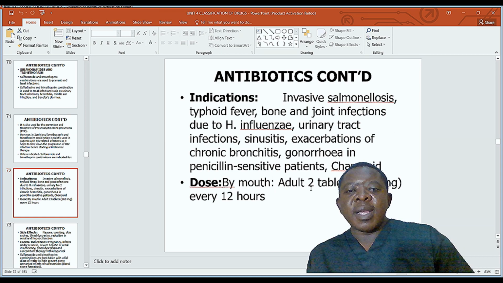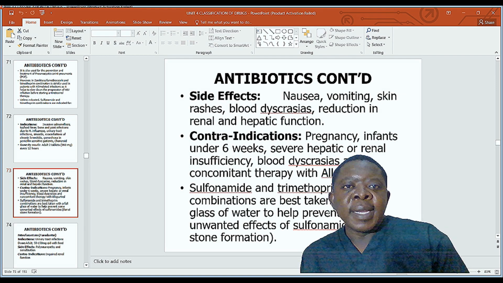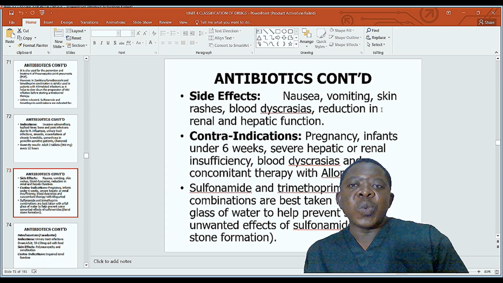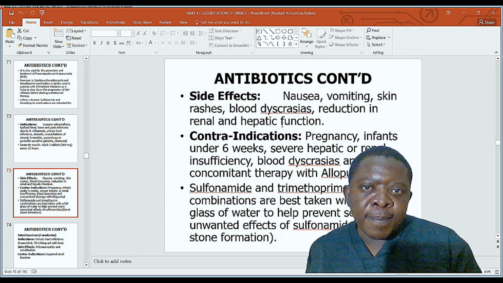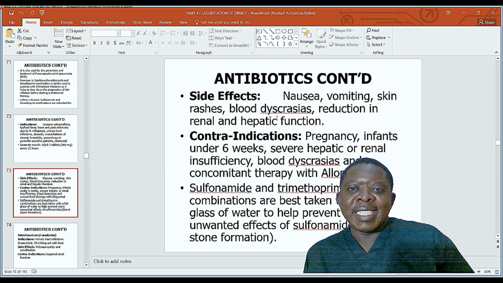By mouth, you can give 2 tablets, that is 960 milligrams every 12 hours. Side effects include nausea, vomiting, skin rashes, blood dyscrasia, and reduction in renal and hepatic function.